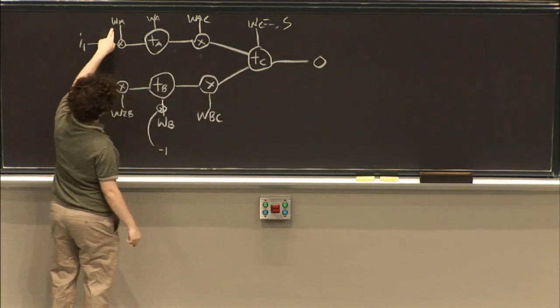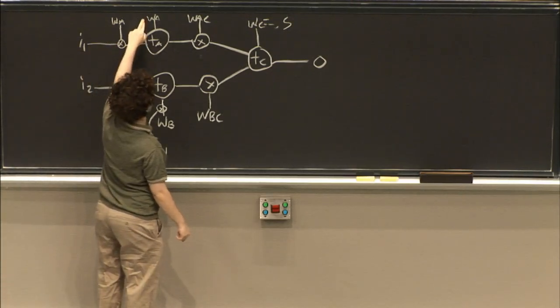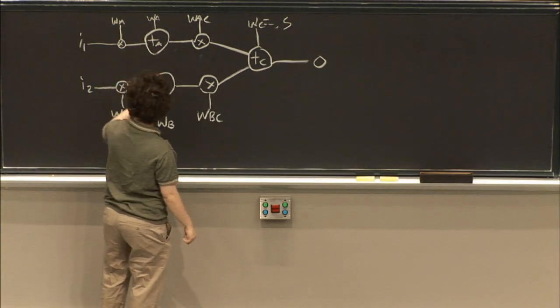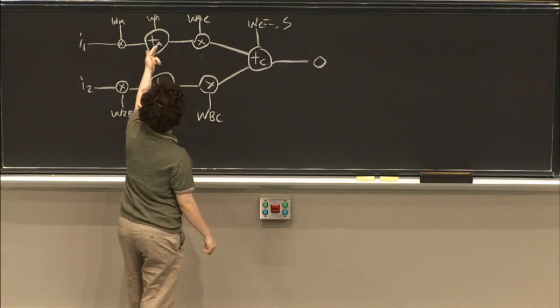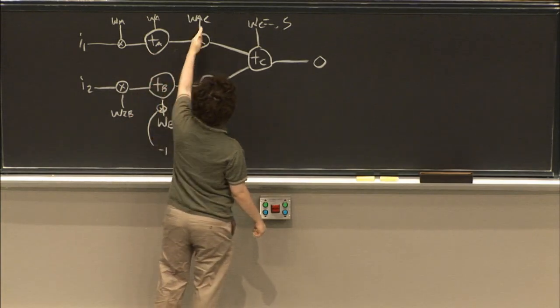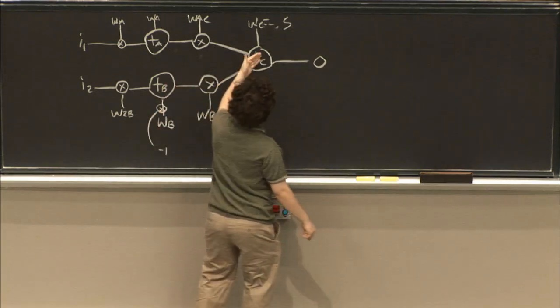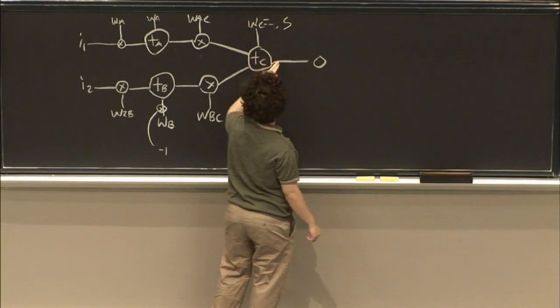1 times 1 is 1. Then this is negative 1 times 1, which is negative 1. That's 0. The exact same thing happens here because it's symmetrical. So these are both 0. 0 times 1 is 0. 0 times 1 is 0. Then this is negative 1 times negative 0.5, which is positive 0.5.